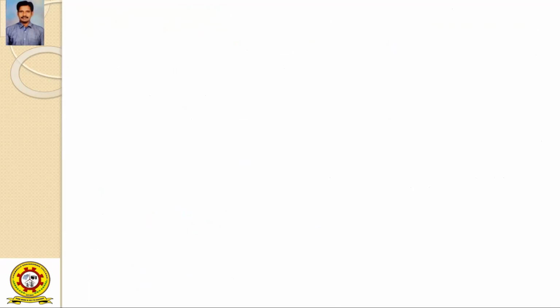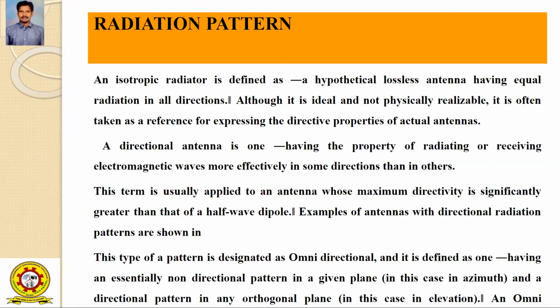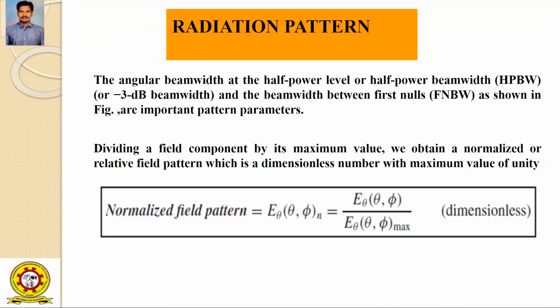In the previous slide, you are familiar with normalized power patterns. So this is the field pattern normalized: field E theta of theta comma phi to E phi of theta comma phi maximum.